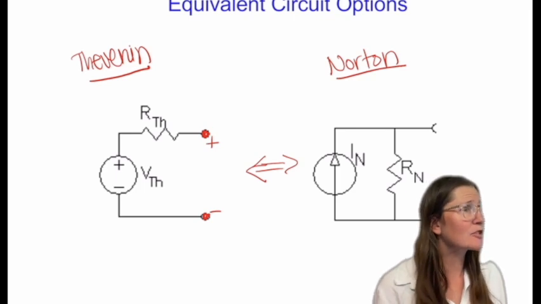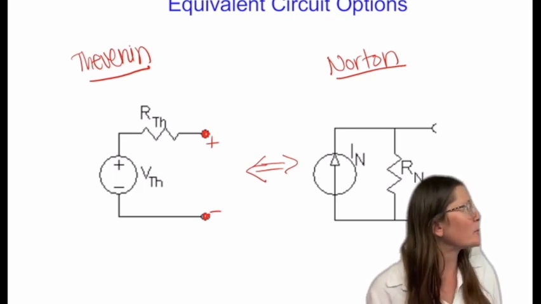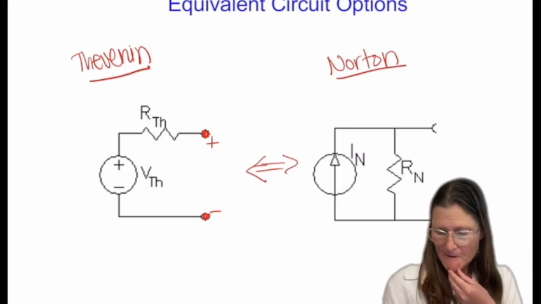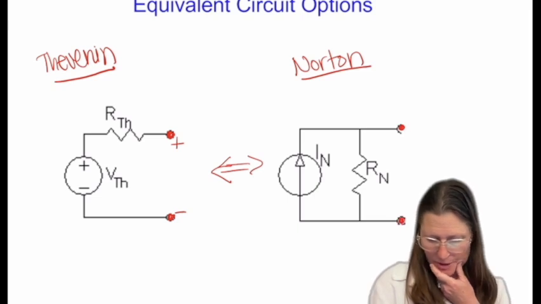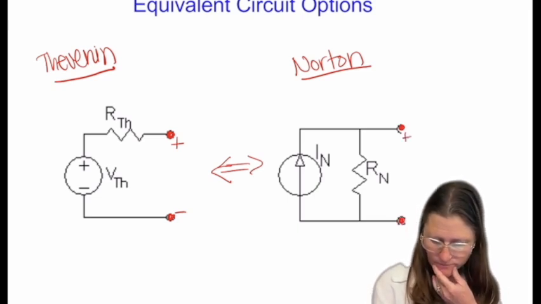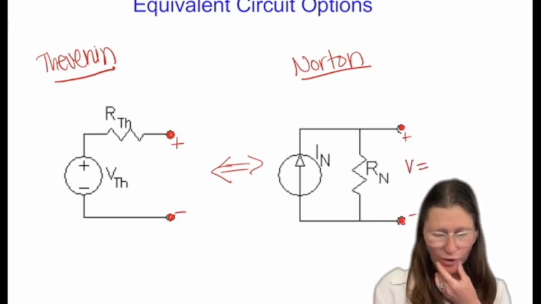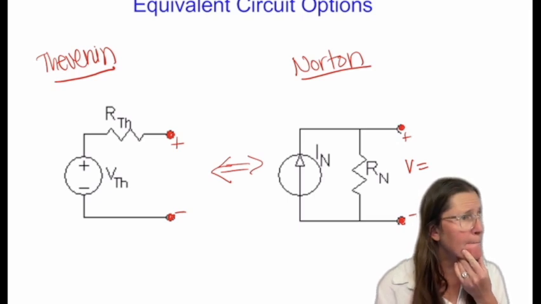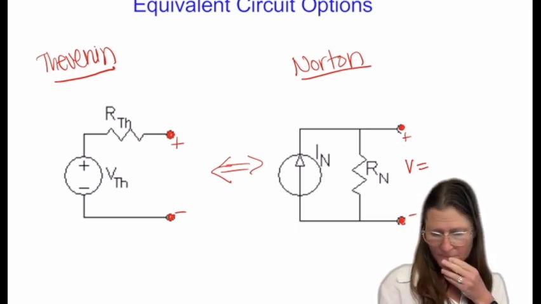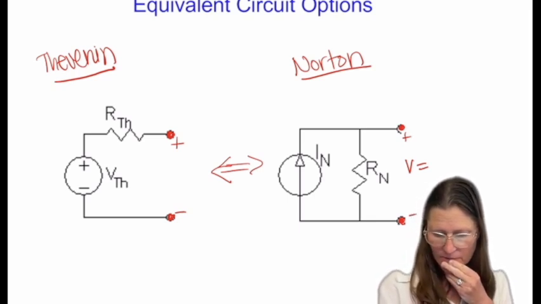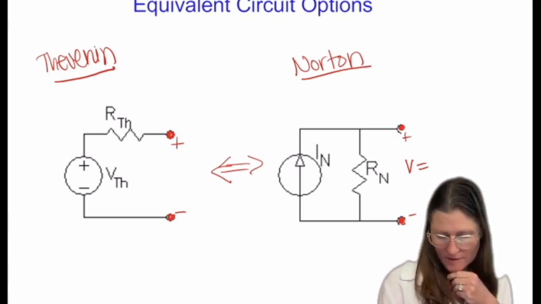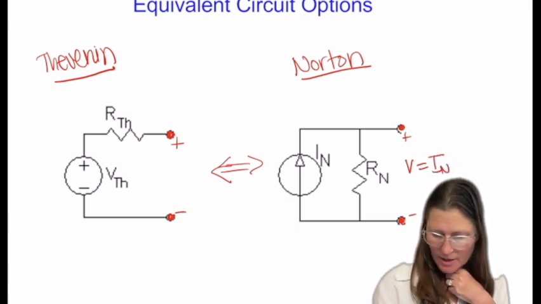Correct, it's just VTH, right? Because it's an open circuit, there's no current flow. If I was to measure between here, what would I measure? So V here would be what? IN times RN. Correct, IN times RN.